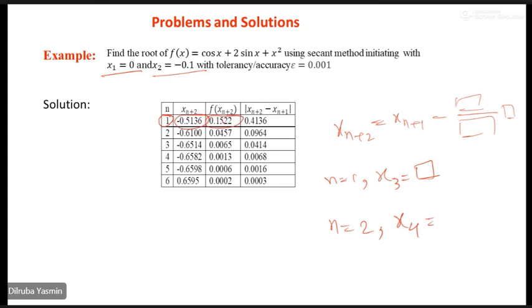Next step, you have to find the difference between this value and this value, then you get the absolute value, and you have to move on.